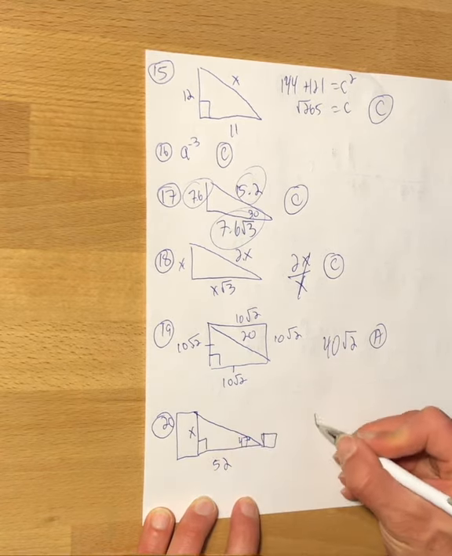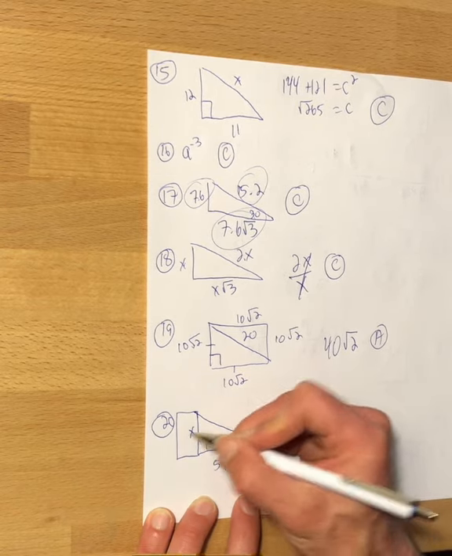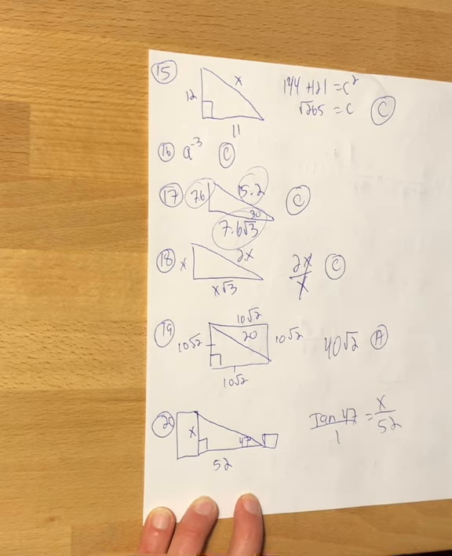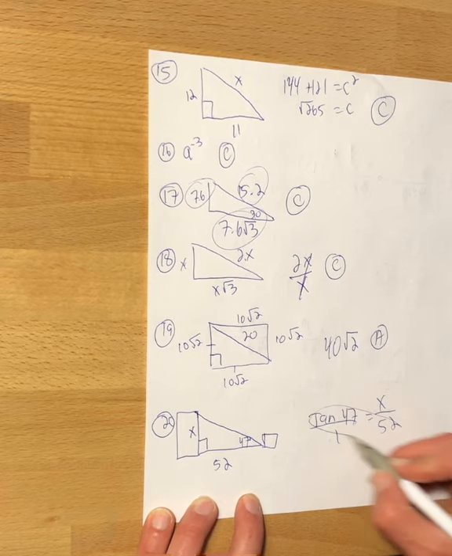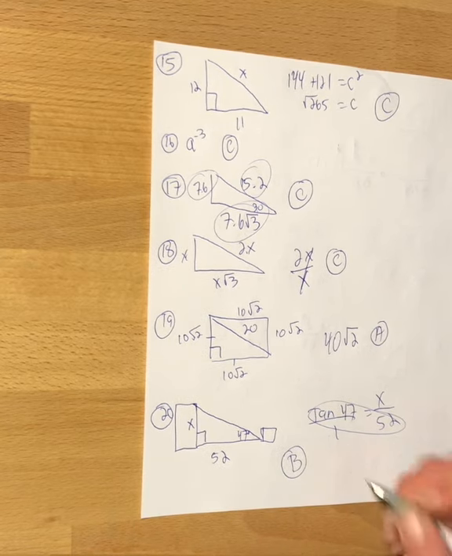So you're going to use tangent 47 equals opposite over adjacent. And then when you cross multiply, 52 times tangent 47, you're going to get, for number 20, 55.76, which is letter choice.